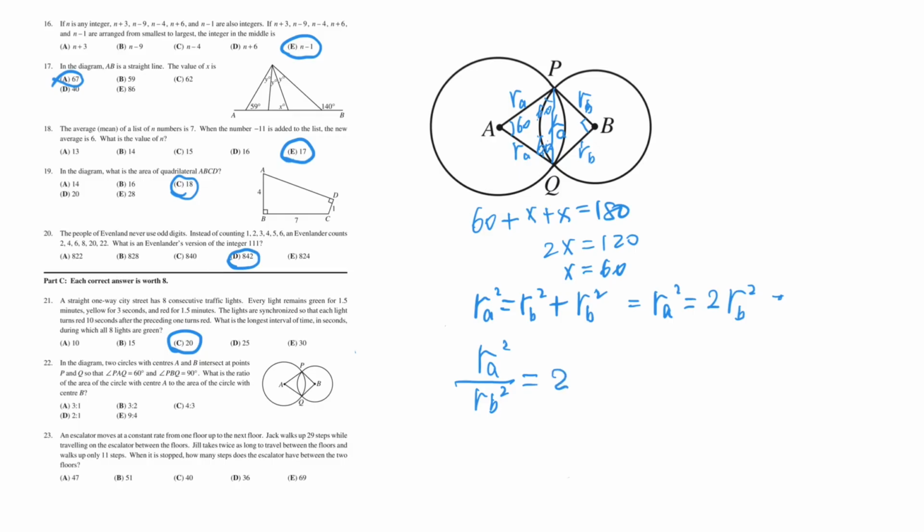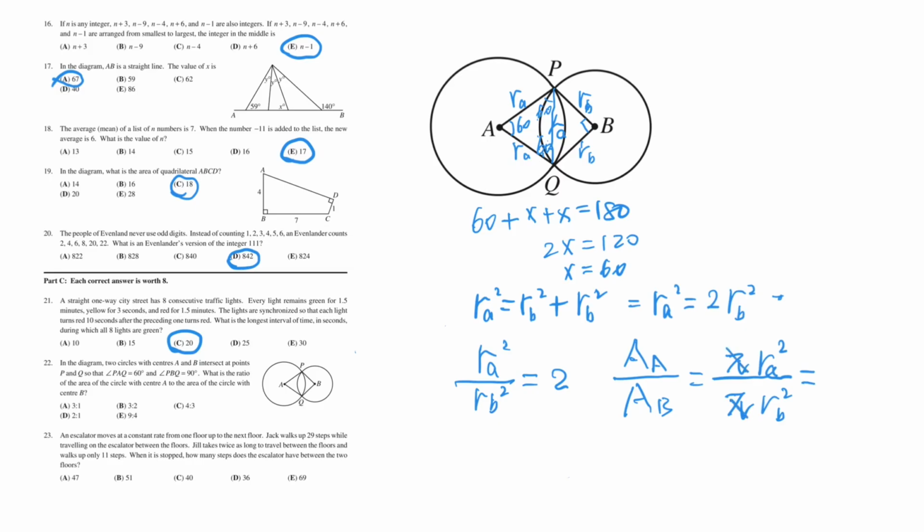Now the ratio of the area of circle A to circle B: pi RA squared over pi RB squared.